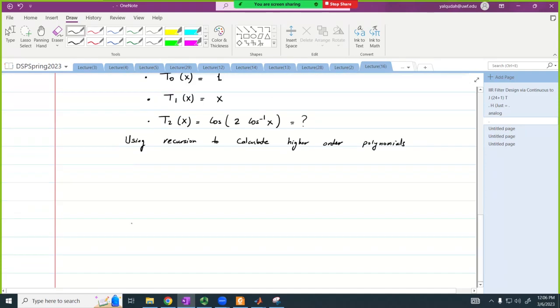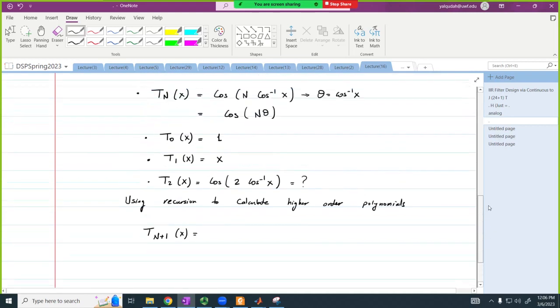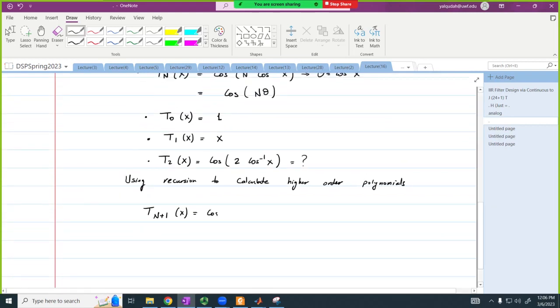And what that means is the following. If I came and said we're going to calculate Tn plus 1 of x, what is this going to equal to? According to our definition, it is going to equal cosine n plus 1 multiplied by theta. Agree? N plus 1 multiplied by theta.